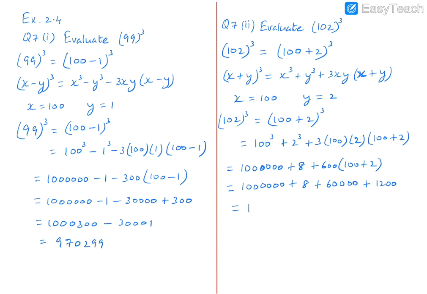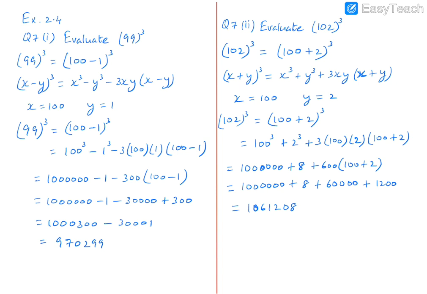So that will give us 1061208. Okay, so that is the evaluation for 102 cube, which we have evaluated using the identity x plus y the whole cube. Okay, so we have seen how we can use the identities to expand the expression, and now we have also seen how to use the identity to evaluate certain calculations.